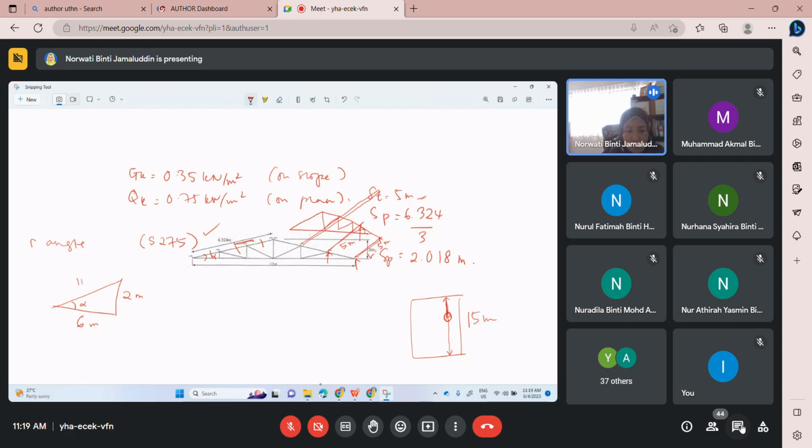So alpha, hypotenuse, adjacent, opposite. Sin alpha, 2 over 6, sorry, wrong, we do not want sin. Tangent. Tangent alpha.